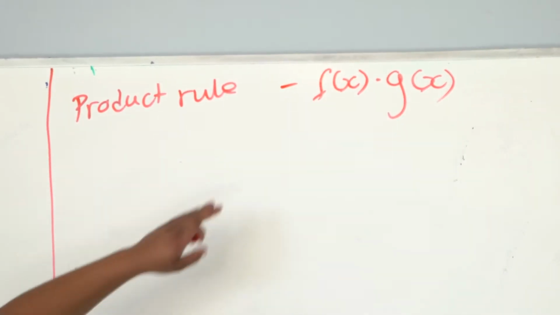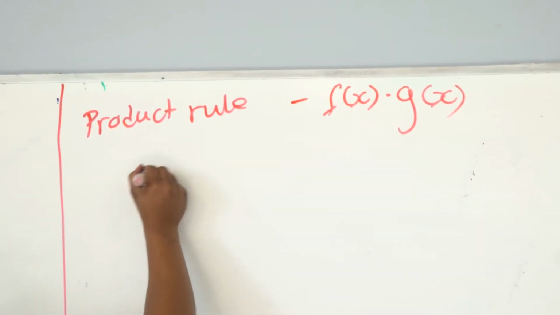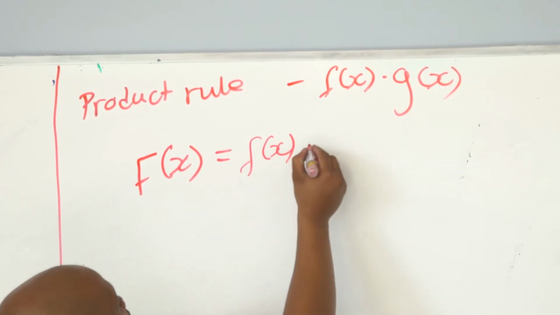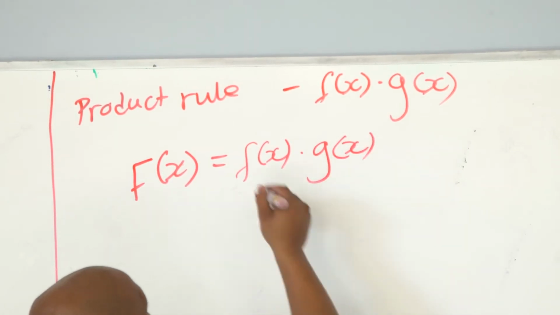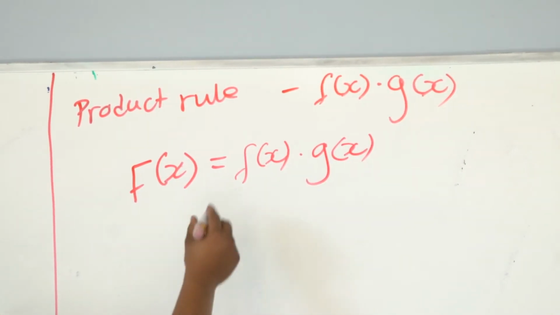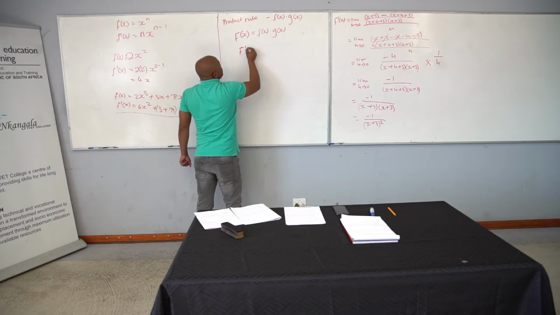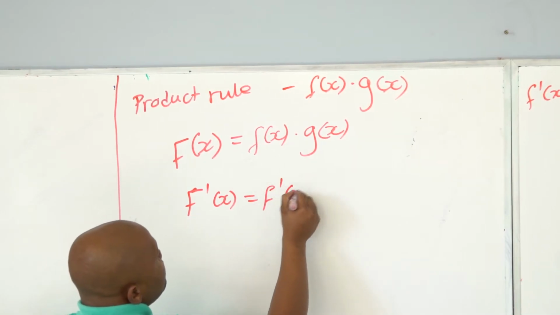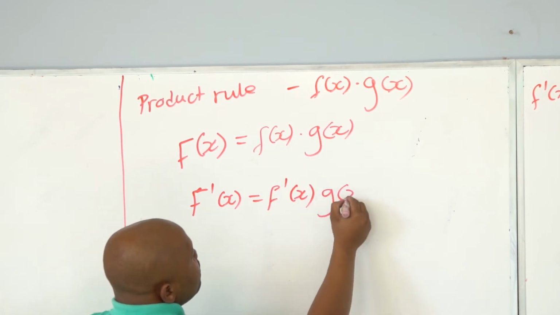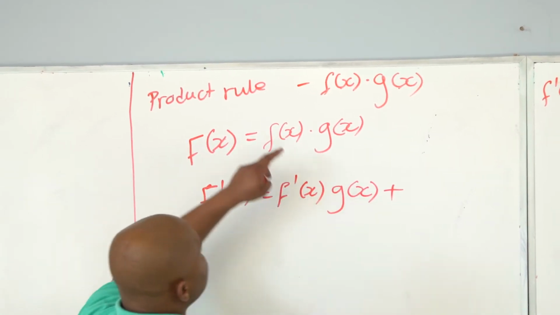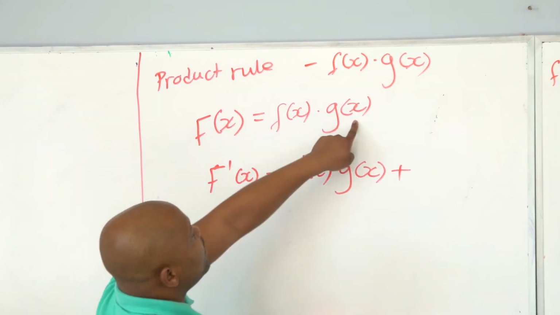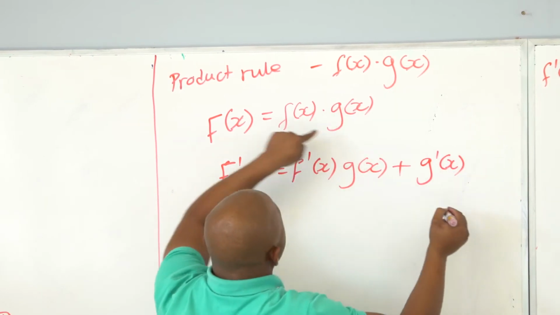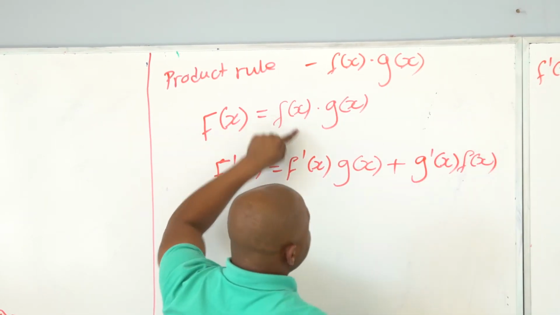So if you have big F given by f(x) multiplied by g(x), the derivative of this big F can be given by f'(x), and then you keep that g(x), plus, now because we differentiated this one and kept that one, we differentiate this one. So you're going to get g'(x), and then you keep this one, f(x).